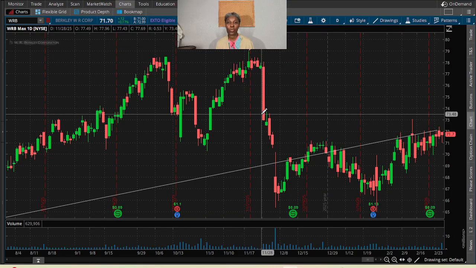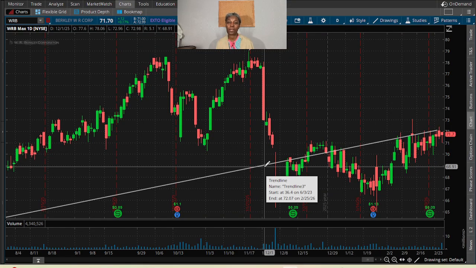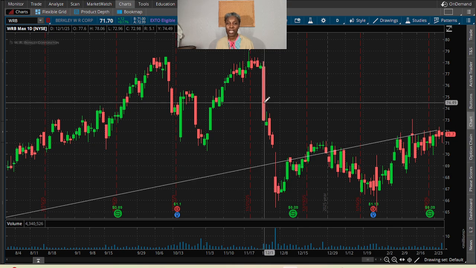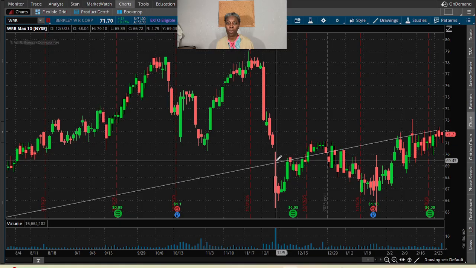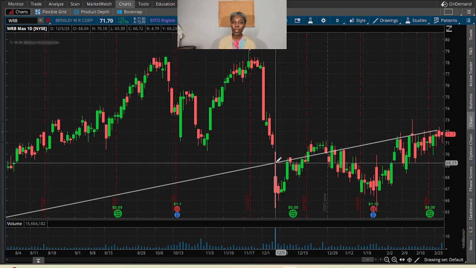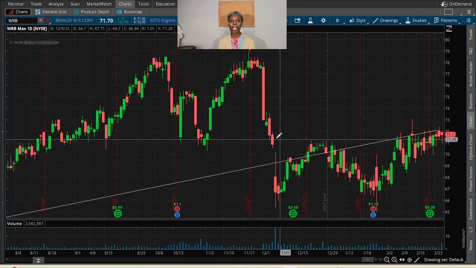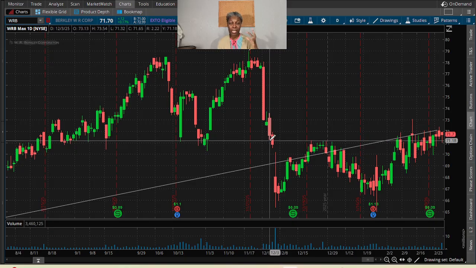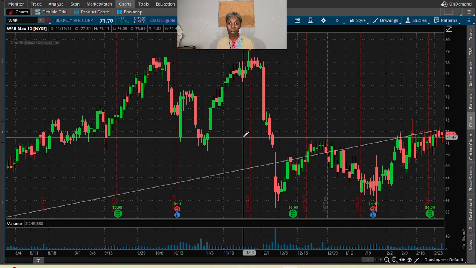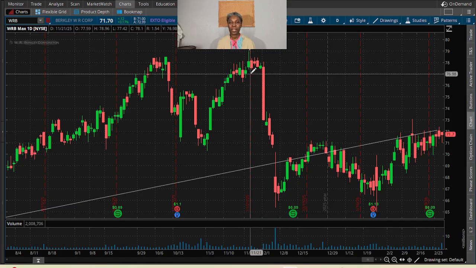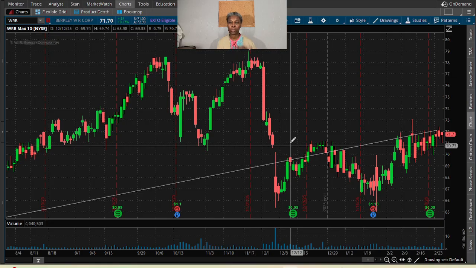Here I'm not going to buy anything because I want to buy at this line. And it did that in 1, 2, 3, 4, 5 days. So therefore I make my buying and selling decision on a daily chart, and that is the lowest I go. I don't go any lower than a 1 day chart.